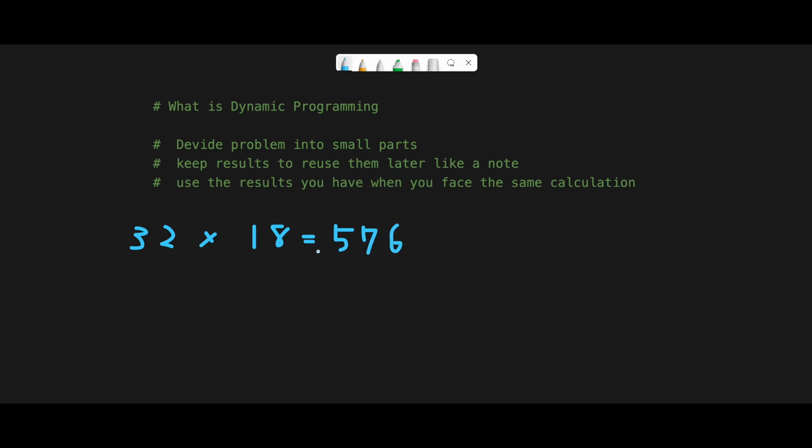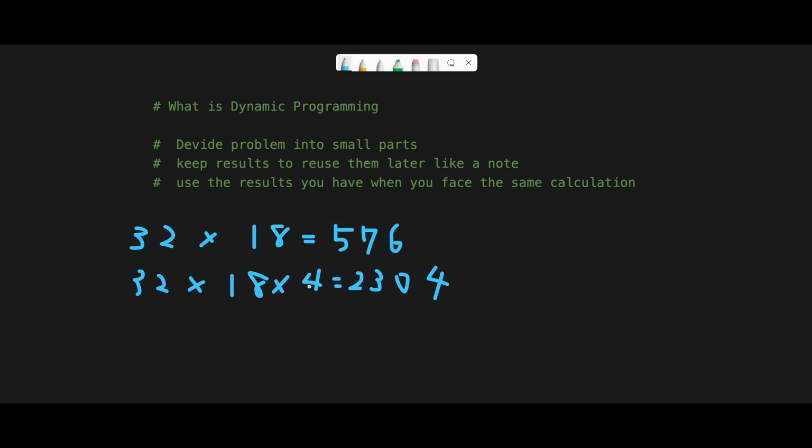Yeah, it's an easy question. But what if we face the same numbers multiplied by 4? So that means 32 multiply 18 multiply 4. So it's 2304. I mean, we, meaning humans, already knew 32 multiply 18 is 576.